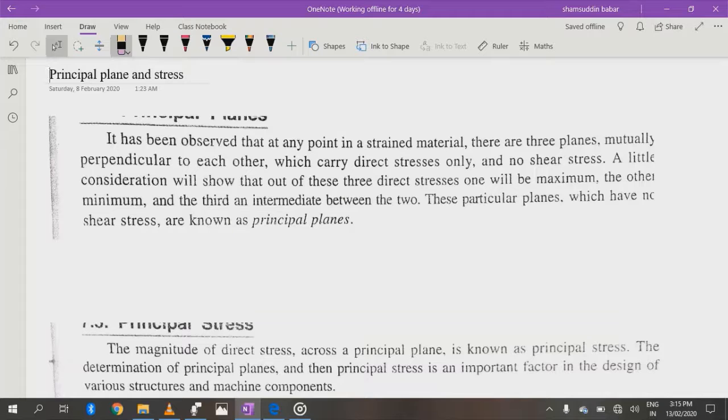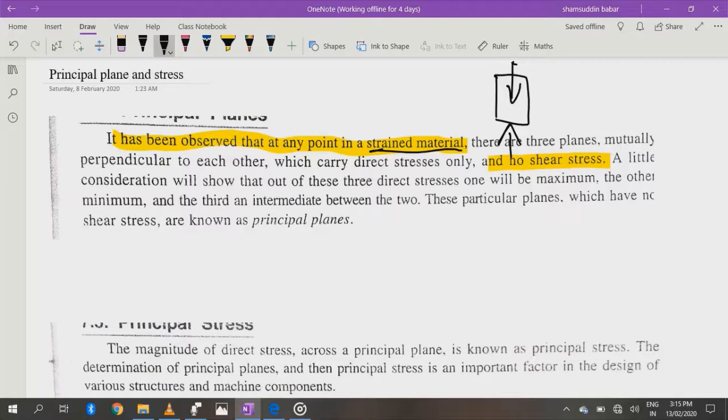Principal plane. Initially, what is a principal plane? A principal plane is a plane at a point where there is no shear stress. It has been observed that at any point in a strained material, and this word strained material means a body in stress, for example, this is a body under compressive stress or tensile stress.